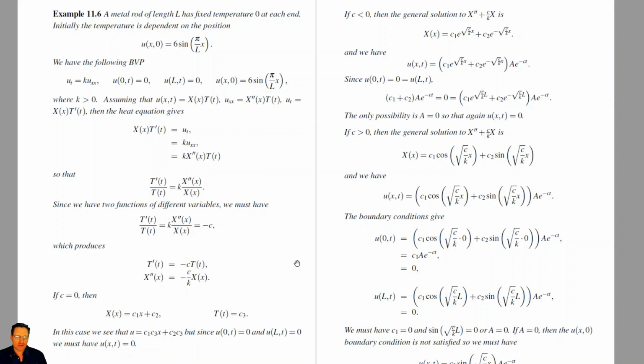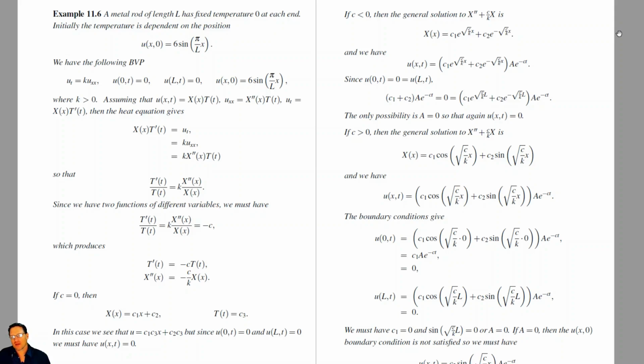Now separating the other case, if c is negative, then the general solution to this second equation is, from our work on second order ODEs, and remember, these are eigenvalues up there in the exponent, X(x) is c1 e to the power of the square root of c over k times x, plus c2 times e to the minus the same thing.